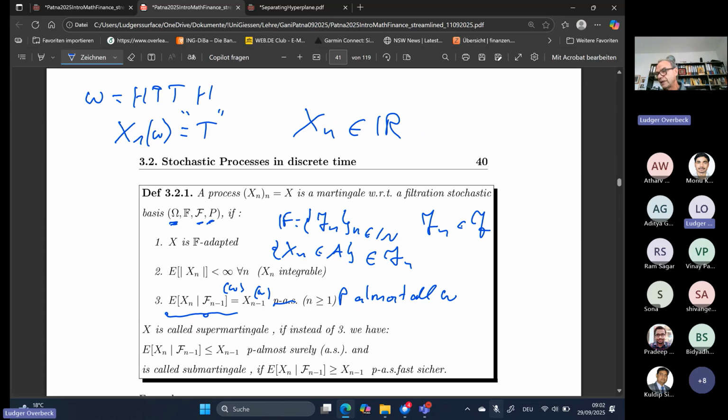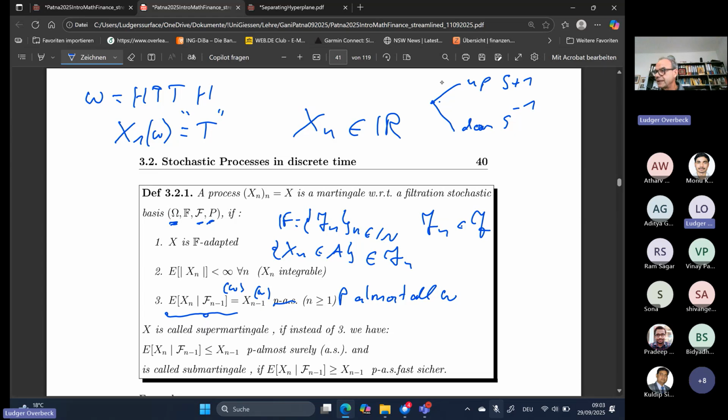And so at this time, it should be a martingale. This means the average of the future values. So if we are actually in this state, going up and down, or let's say we take s plus 1, s minus 1.